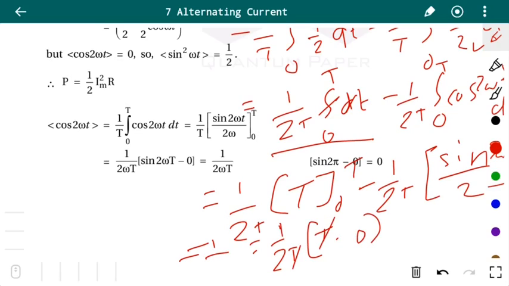This first term will be half minus 1 by 2T over here sin 2 omega t.